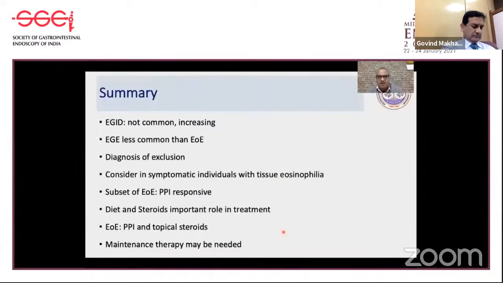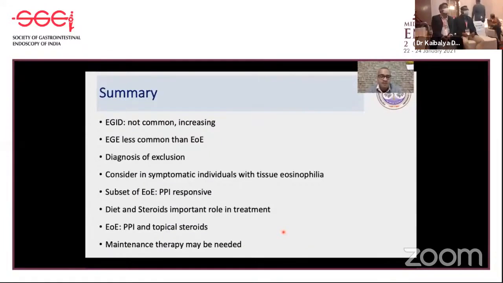So to summarize, eosinophilic gastrointestinal disorders, although not very common, are increasingly being recognized, including in India. And there is a report from AIIMS about it in patients of GERD. Eosinophilic gastroenteritis may be less common than esophagitis. The diagnosis is of exclusion, one must exclude other causes of eosinophilia, and it is important to consider in patients who are symptomatic.